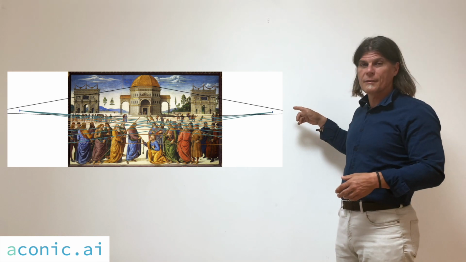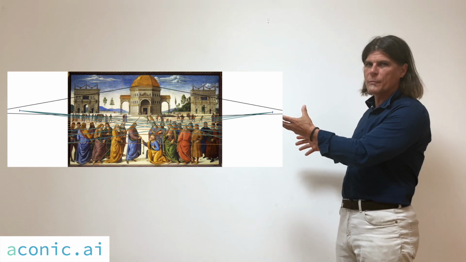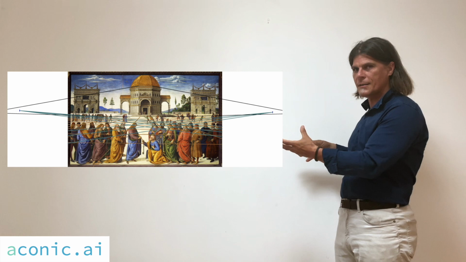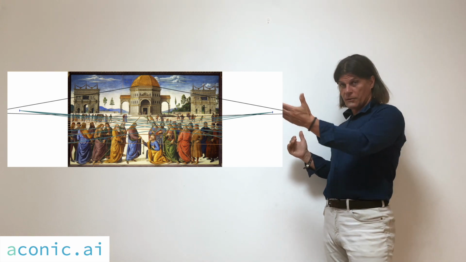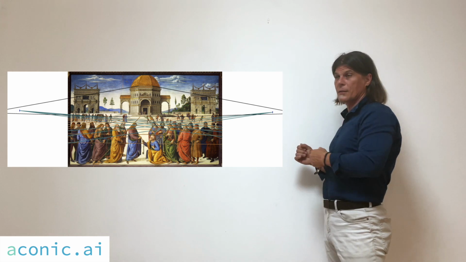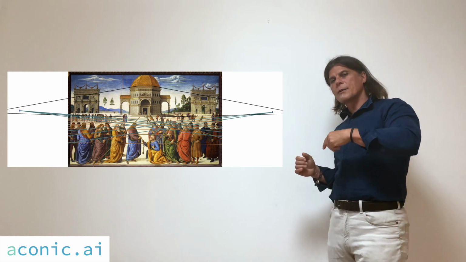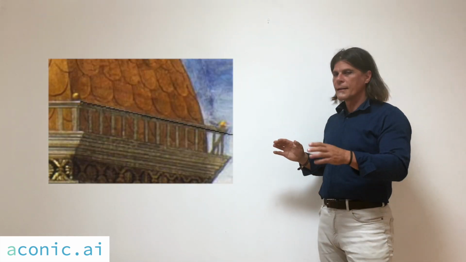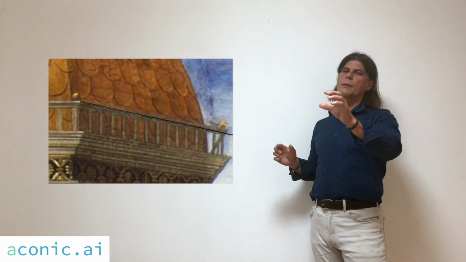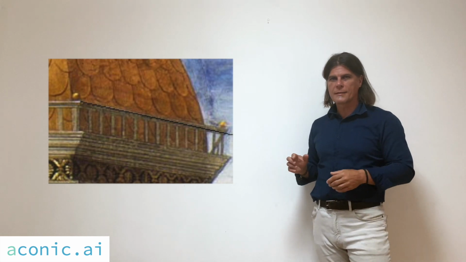And they don't. Actually, this is why this octagonal building looks a bit weird when you are looking at it. Because Perugino made a mistake with the perspective, because these lines should actually meet at the diagonal vanishing points. Now, if I draw the diagonal vanishing points on the picture, you can see here that this is the mistake he made. So it's not a very big mistake, but still it disturbs our eyes.